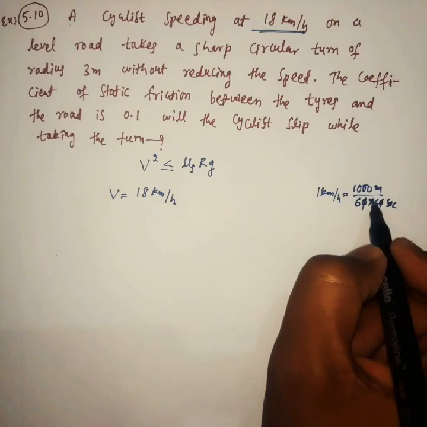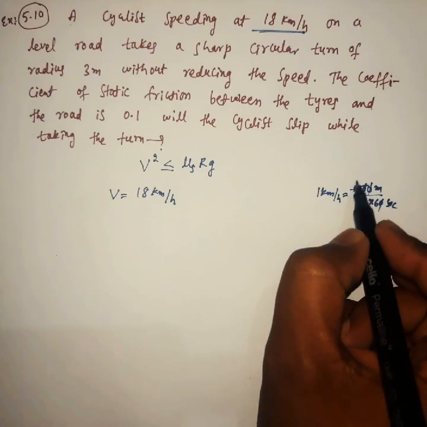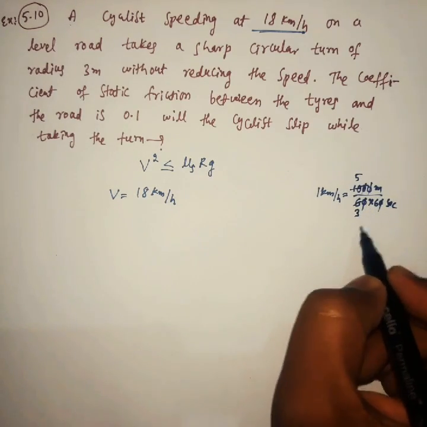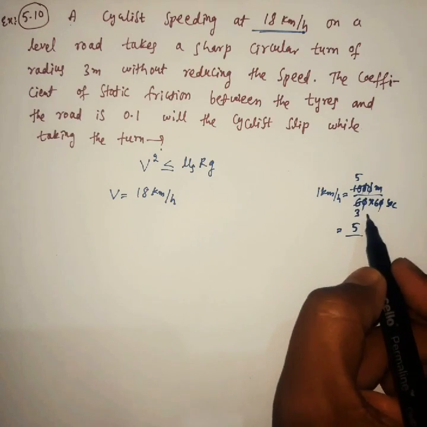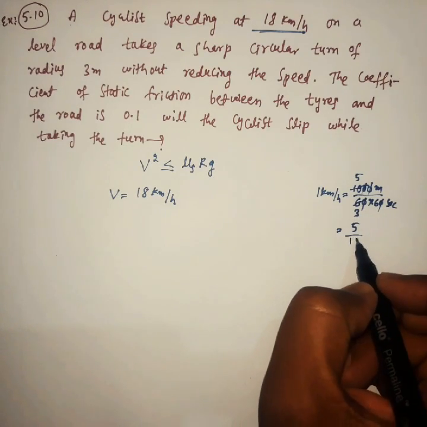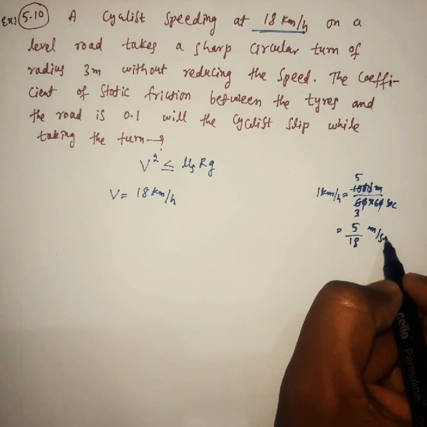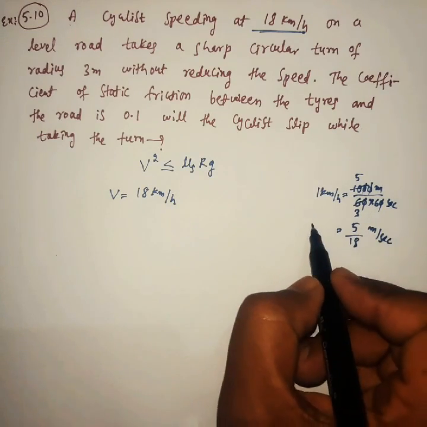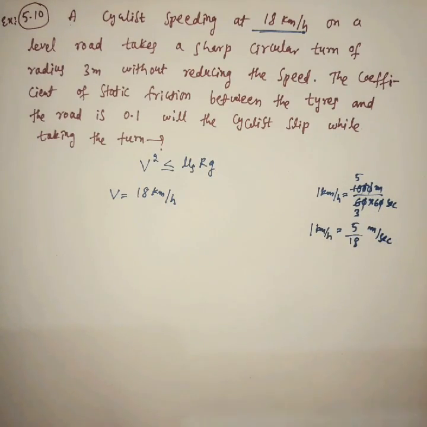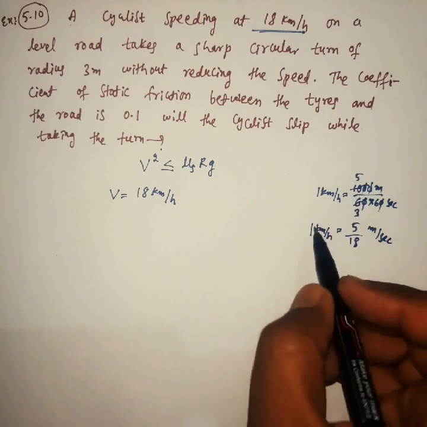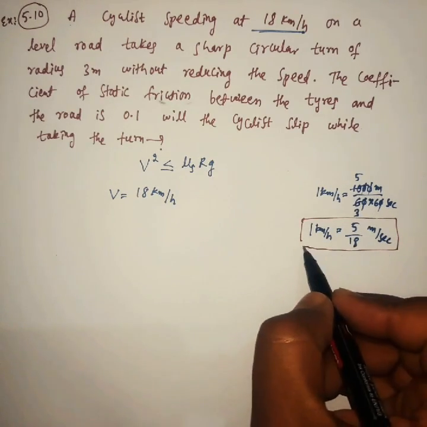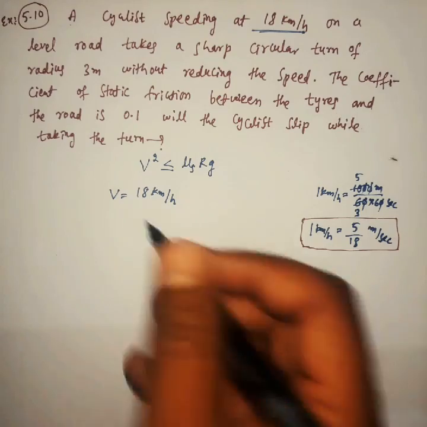So here the zeros cancel. So 5 by 18 meter per second. So 1 km per hour is equal to 5 by 18 meter per second.